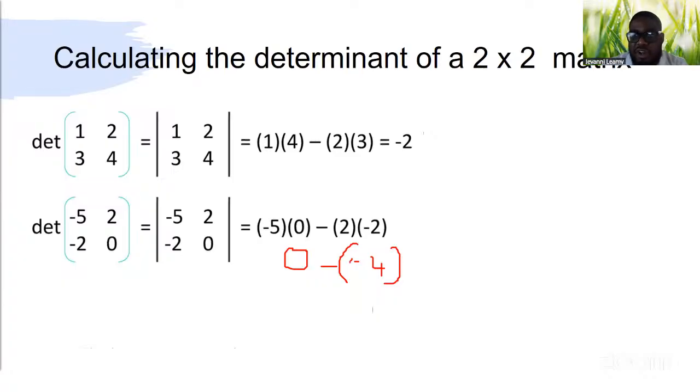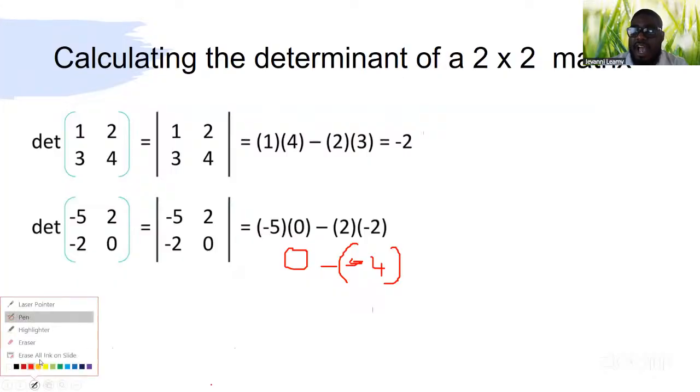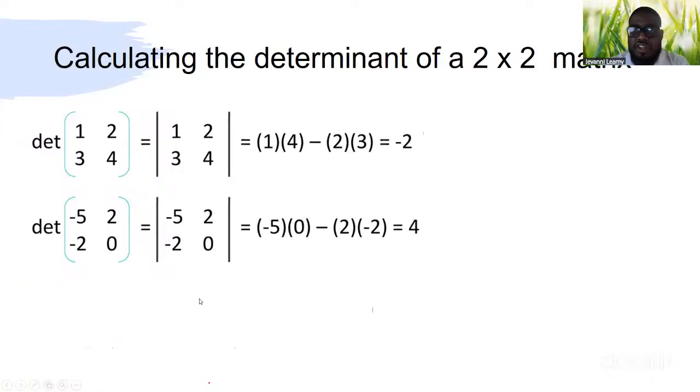But remember that there is actually a minus sign in front of the brackets. So 0 minus -4 is actually +4. All right? So we have to work on our integers and the computation of those integers. So it does give us 4. Always check back your work. Don't leave it to chance.